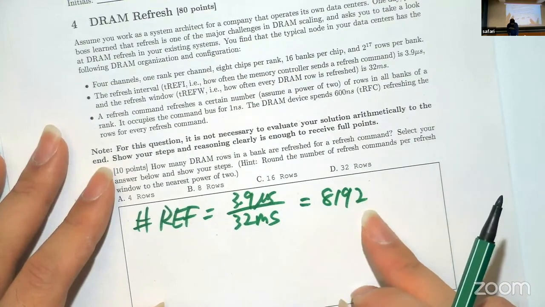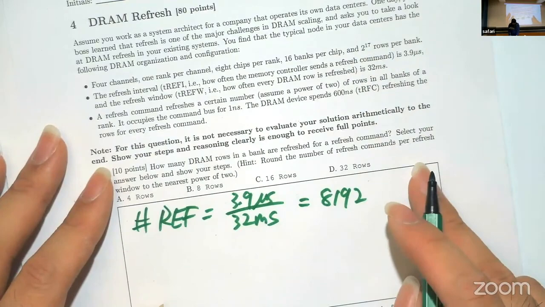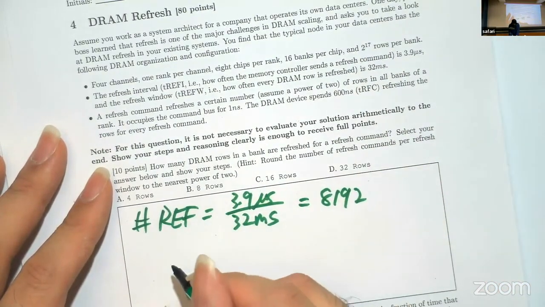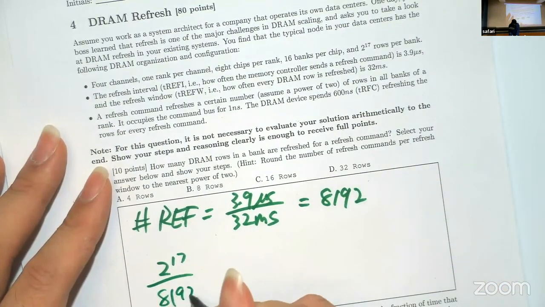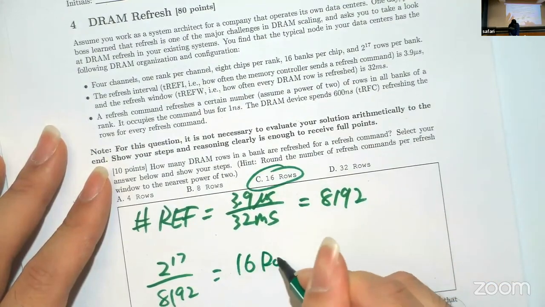And these 8K refresh commands will refresh 2 to the power of 17 rows per bank. So the answer would just be 2 to the power of 17 over 8K. So we have 16 rows.